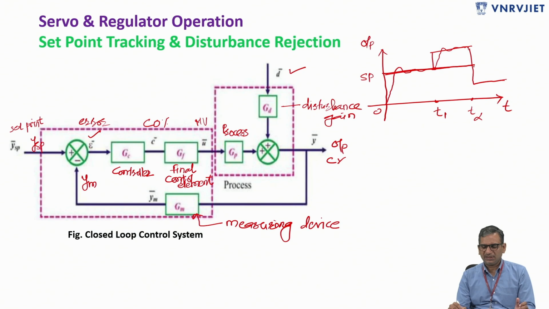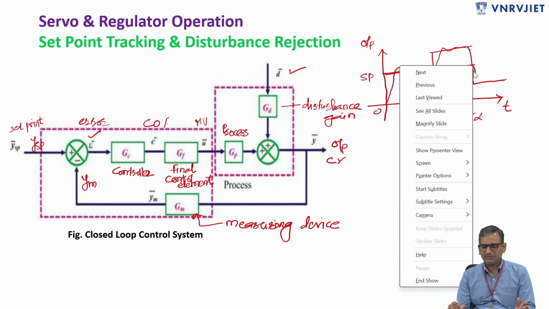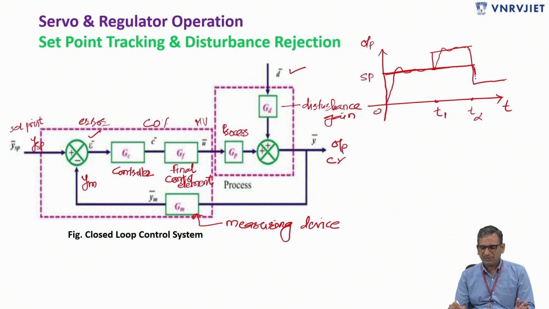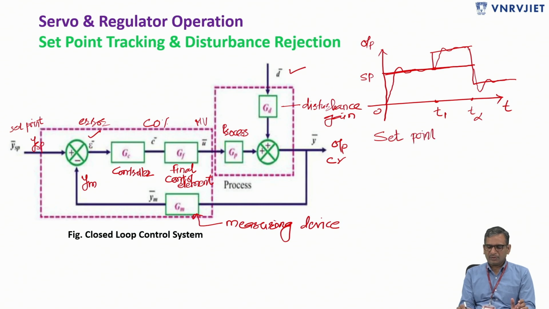So the expectation is that again the output of the system should change and it should reach the new set point. So basically whenever the set point is changed, the expectation is that the controller should make the changes such that the output reaches the new set point. So basically this is called a set point tracking problem.